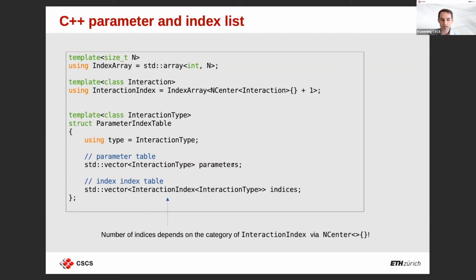And so there's already one little meta function that we can write for that. So we need to encode somewhere that if the interaction actually has n centers, then we need this to be a std::array of integers of length n+1.